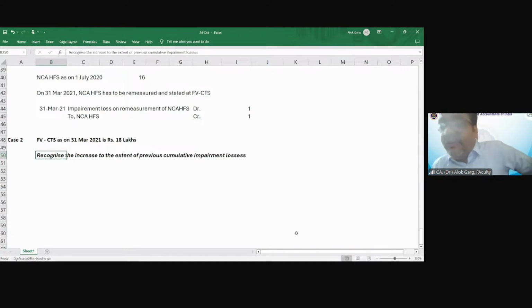Previous cumulative impairment losses means previous cumulative unadjusted impairment losses.